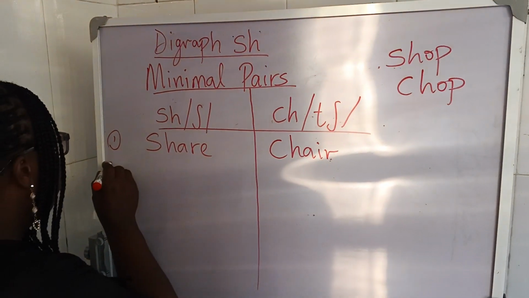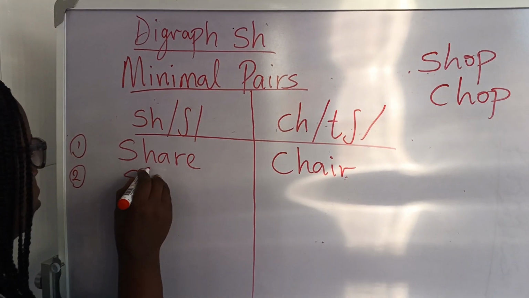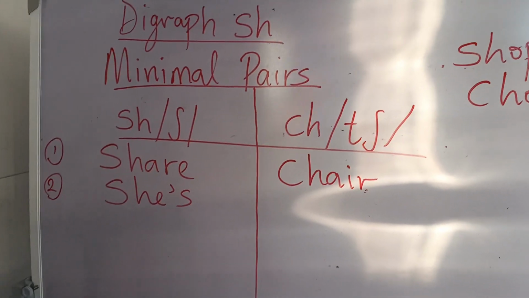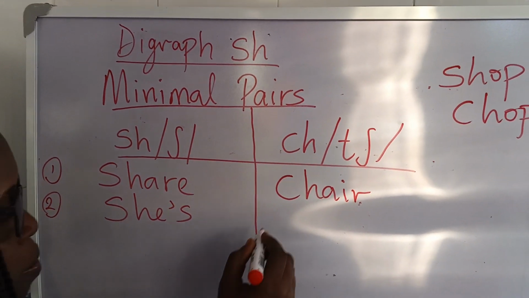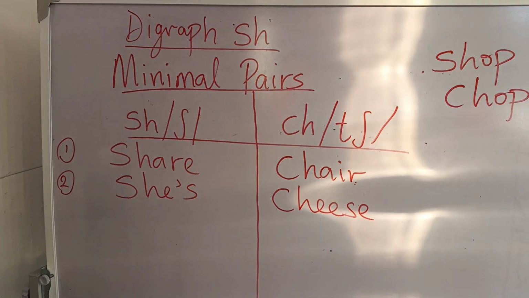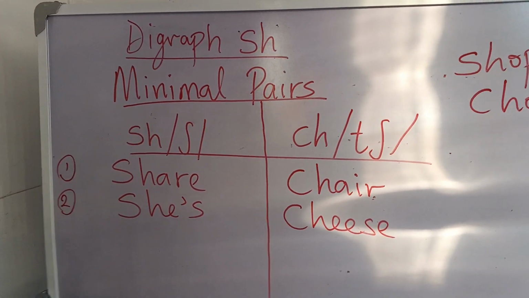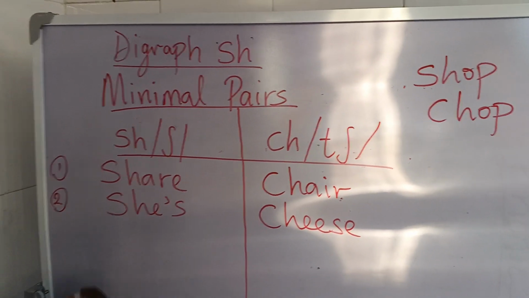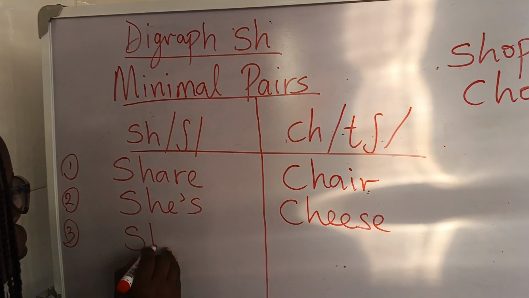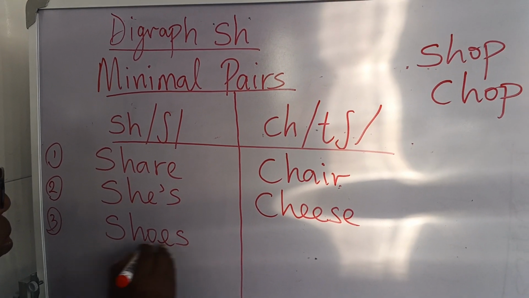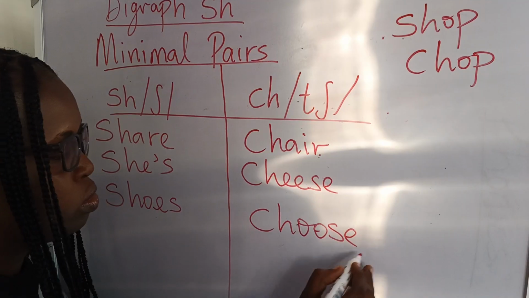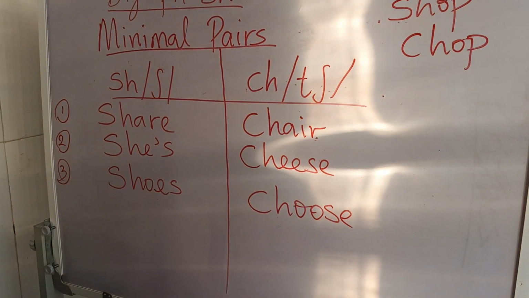We have number two, we have she's, sign of ownership. And the minimal pair is cheese. We have another word, shoes. And that is what? Choose.